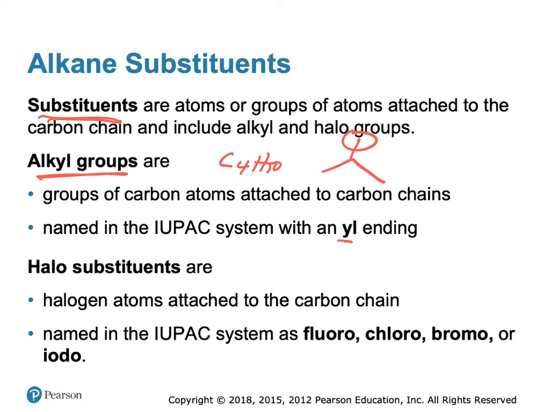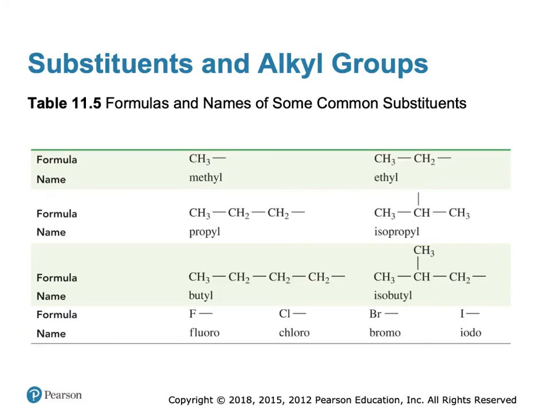We can also have different types of substituents in addition to alkyl groups. If you have a halogen that's attached to a carbon chain, it'll be known as a fluoro, chloro, bromo, or iodo group. We're going to look at some examples of this to make it a little bit more clear. So, similar to those parent names that we looked at when we started naming alkenes, when we have an alkyl group, we're going to use similar parent names. For 1 carbon, it is known as a methyl group. 2 carbons are known as an ethyl group. 3 carbons, you can have different types of names.